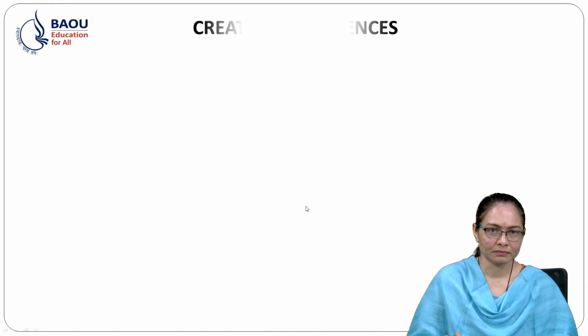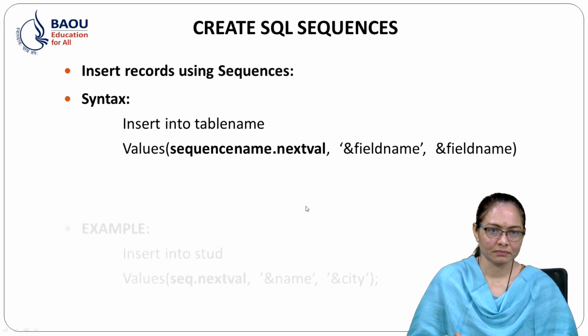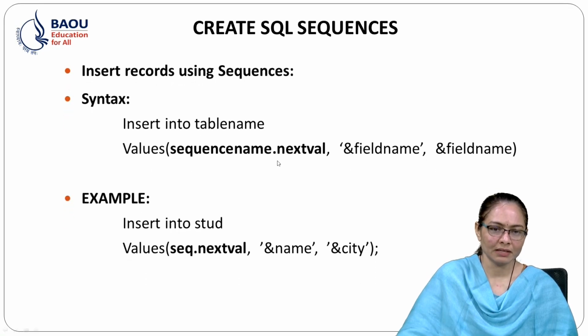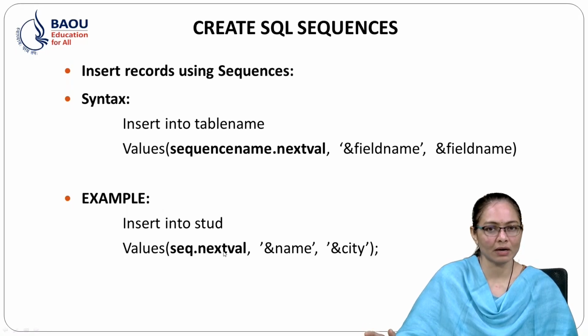So here, insert into student table, values SEQ dot nextval. Nextval generates the next value 1, 2, 3 automatically.